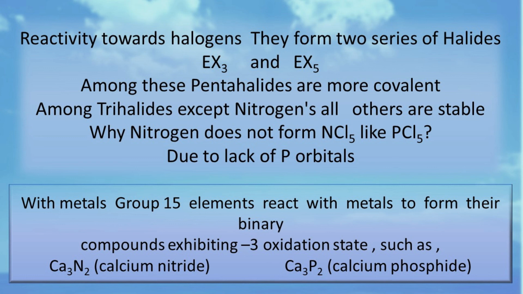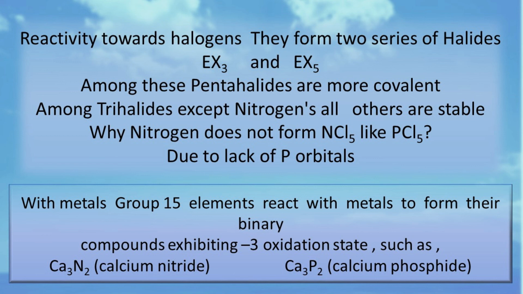And among pentahalides, nitrogen is not capable of forming pentahalides. So the question might be asked, why does nitrogen not form a pentahalide like phosphorus? Well, the reason for the abnormal nature of nitrogen in this case is the lack of d orbitals. Why does nitrogen not form NCl5?